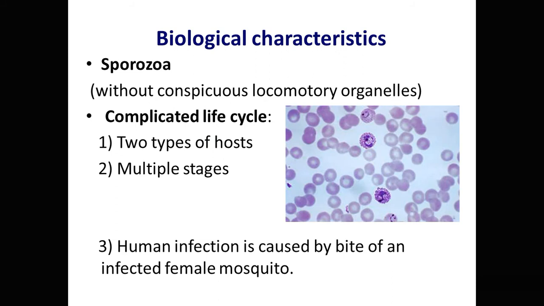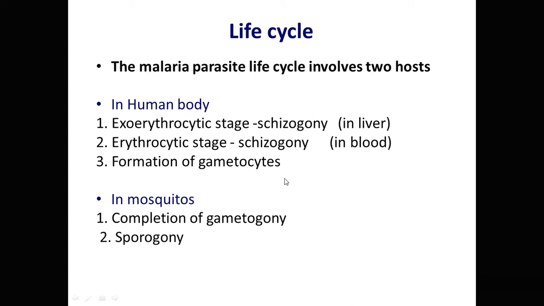The sporozoans have a complicated life cycle, with two hosts and multiple stages. The infection starts with the bite of the mosquito. In the human body, we have asexual reproduction, and in the mosquito there is sexual reproduction. In humans we have the exoerythrocytic stage, when the parasites multiply in the liver, and after that they move to the erythrocytic stage.